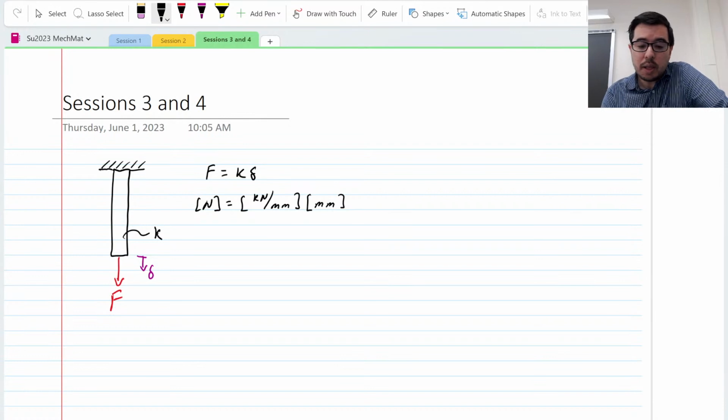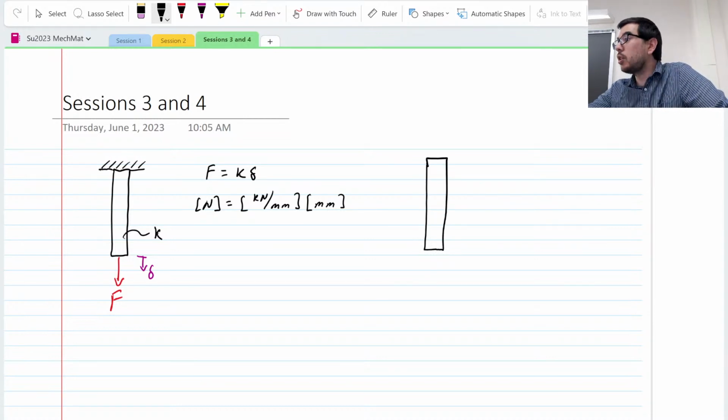So if I draw this bar, I first think, okay, I've got external equilibrium here, so the reaction force at the top will just be equal to the force being applied at the bottom. That's fine.